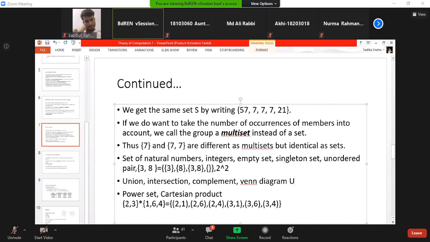Okay. Now tell me what will be the result if I do the complement 2, 3 minus 3, 8. Ma'am, only 2. Only two. What is happening here is that the first set is the one we subtract the second set from.